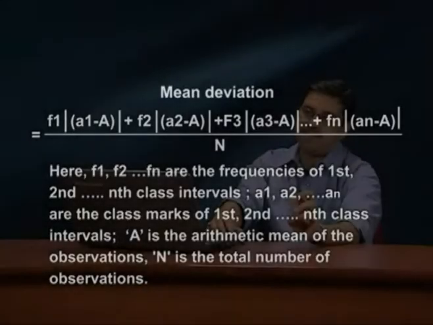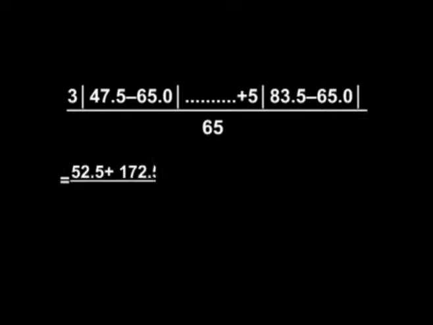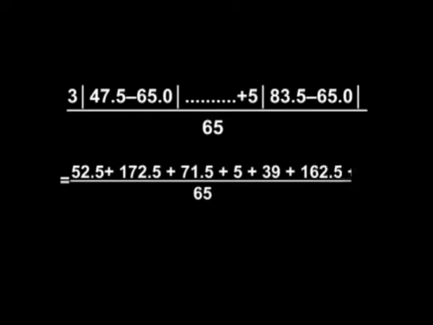Thus, applying that formula, we can derive the mean deviation, and it comes to 9.16. See how I have calculated using the formula. First, I'll just give you the clue from the first one. You see, 3 is the frequency of the first class interval, 47.5 is the class mark of the first class interval, and 65.0 is your mean.